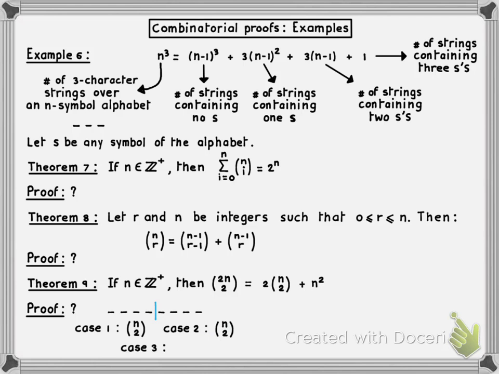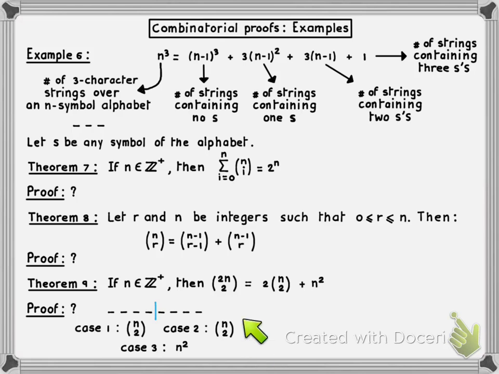How many possibilities do we have? Well, we must first choose 1 position out of n positions. There's n ways to do that. And we also have n ways to pick 1 position out of the second half, or the n positions on the right-hand side. So we have n choices here. For each one of those, we have n choices there, so we apply the product rule. And so in case 3, we have n squared choices.